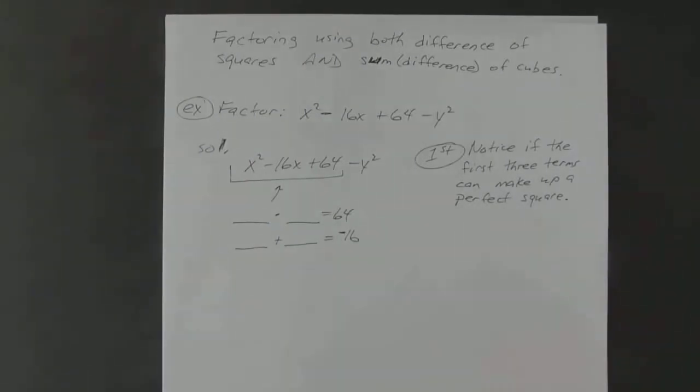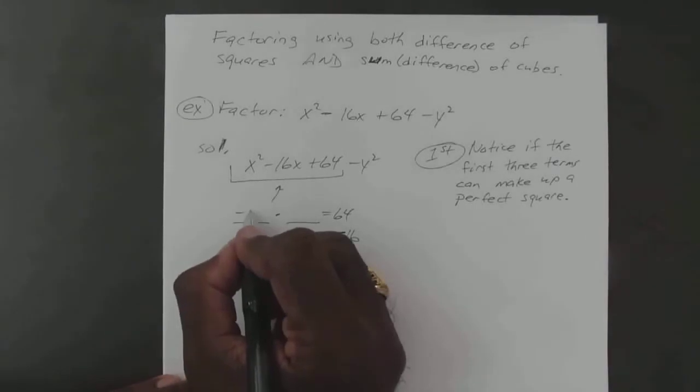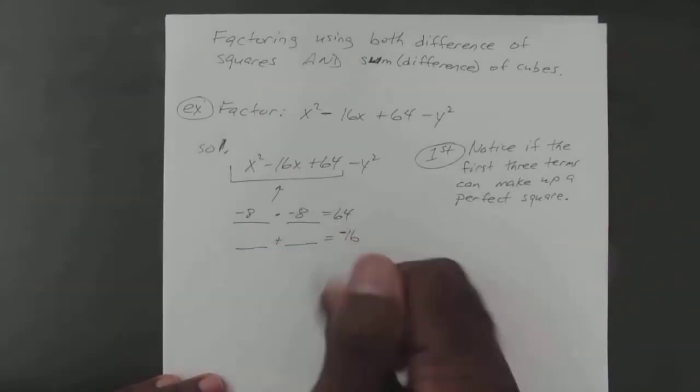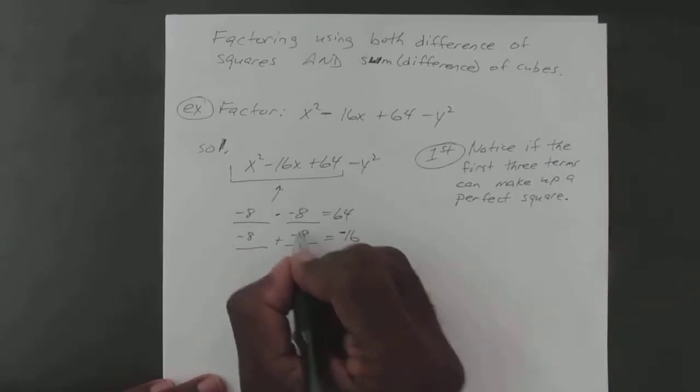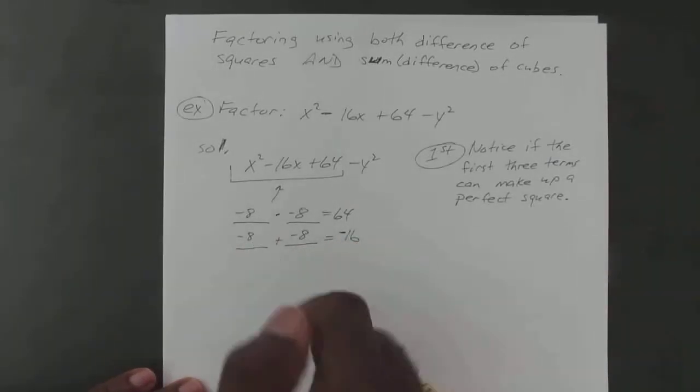Okay. So in this case, negative 8 and negative 8 would work. Because negative 8 times negative 8 is positive 64, and negative 8 plus negative 8 is negative 16.